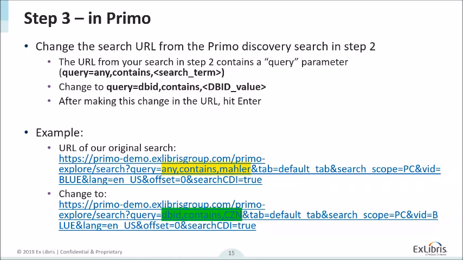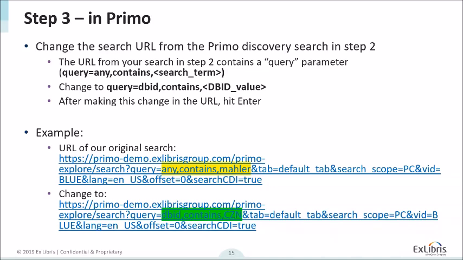Now you change that part of the URL so it says query equals DPID, comma, contains, and then the DPID value you copied from Alma. In our case, that was CZN. Below you see the example: the URL of your original search, which used just a search term, and the second one, changed to search for a DPID that has CZN.